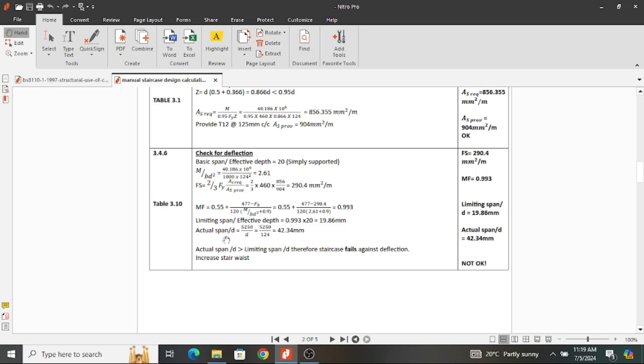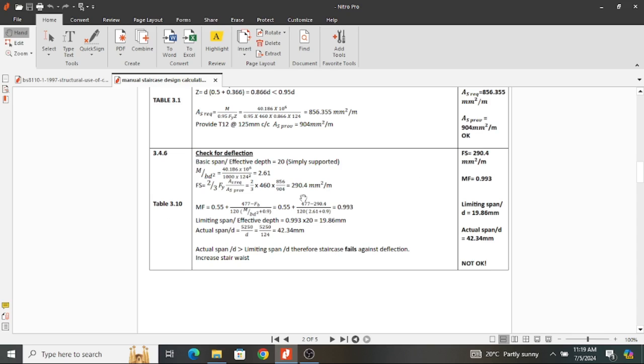If I consider the actual span over effective depth, my span is 5250, my depth is 124, I'm going to have 42.34. Therefore, this tells me that I'm having an issue because 42.34 is greater than 19.86. This calls for a redesign because my effective depth is not sufficient.